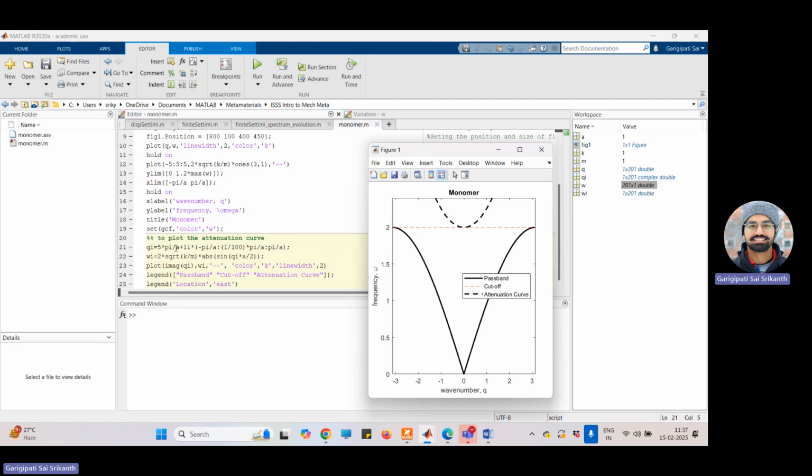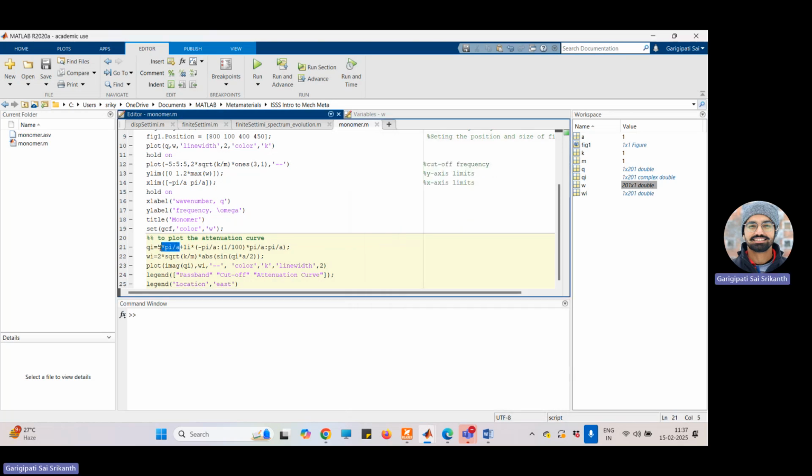Again, why does pi by a seem to make sense? Why is that?